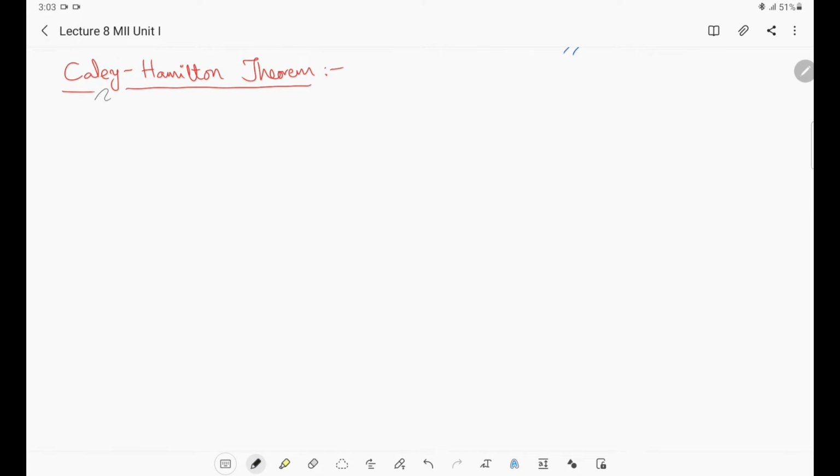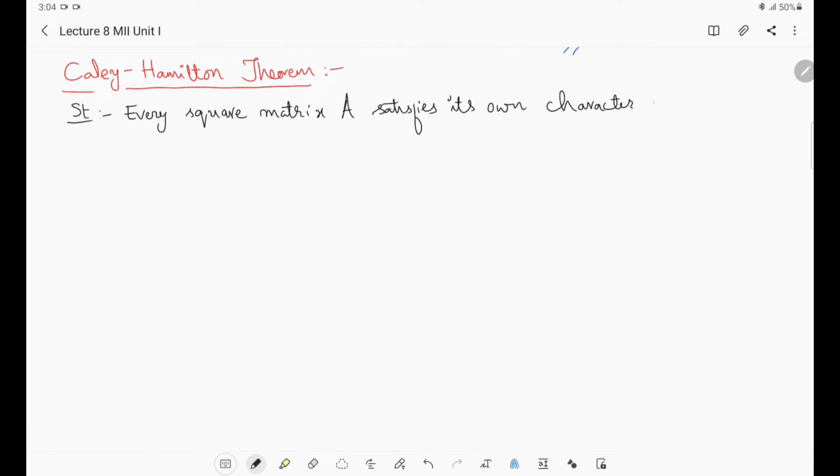The statement of this theorem says, anyway the proof is not in your syllabus, so the statement we need to understand: every square matrix A satisfies its own characteristic equation. This is the statement of the Cayley-Hamilton theorem. We need to understand this clearly. What is the meaning of this?